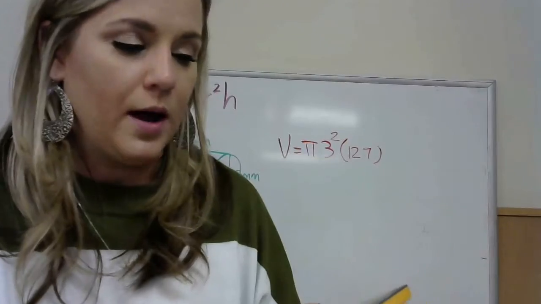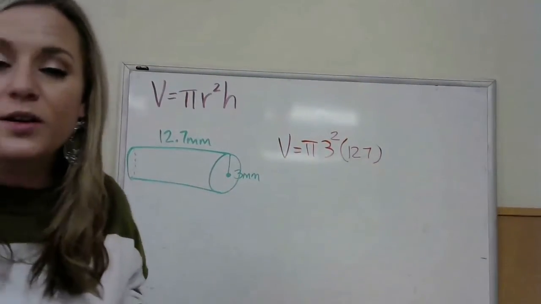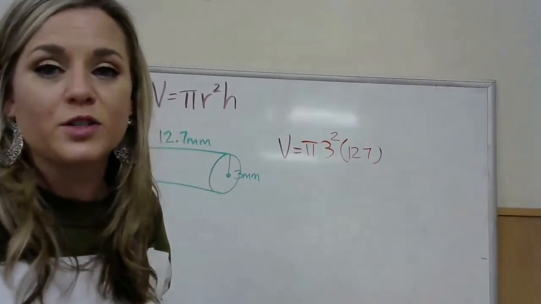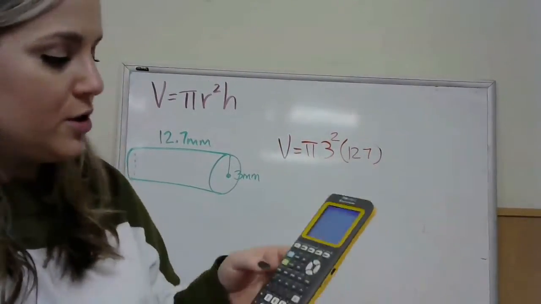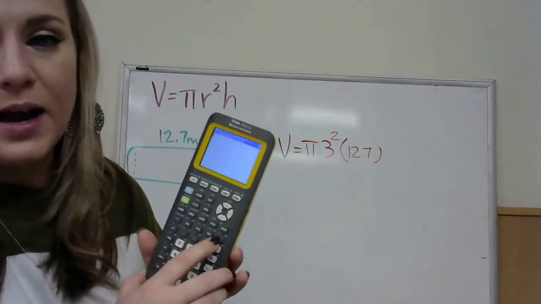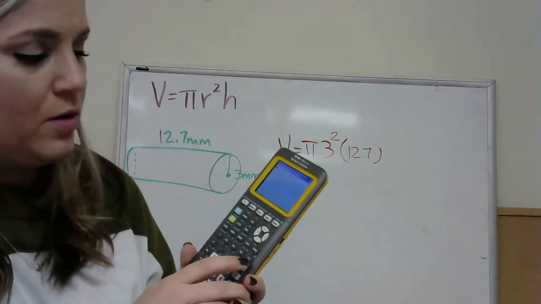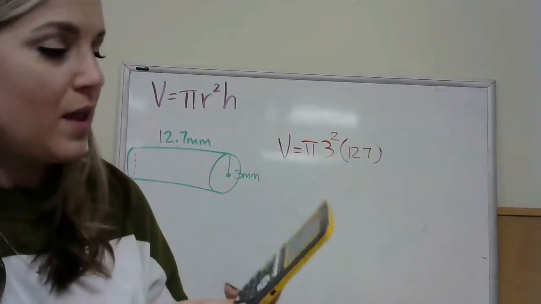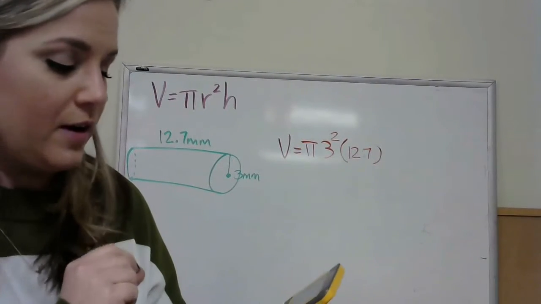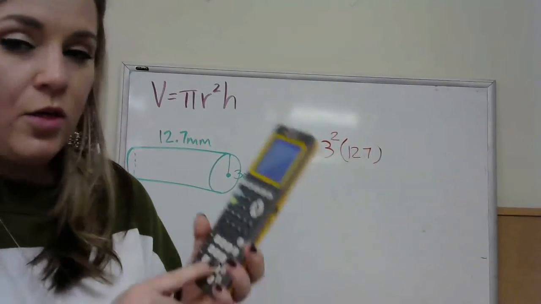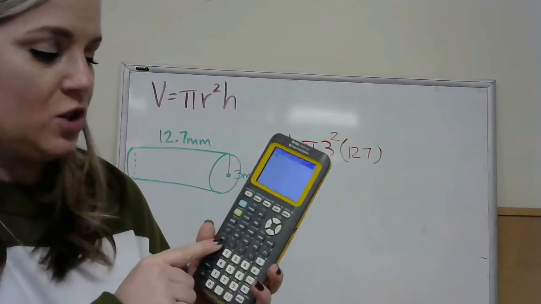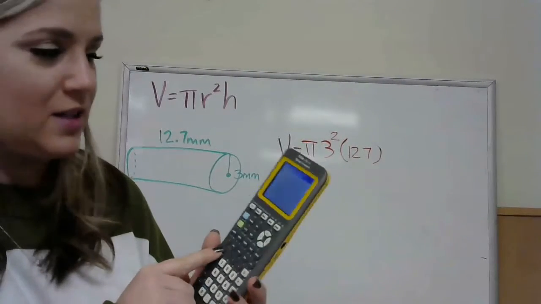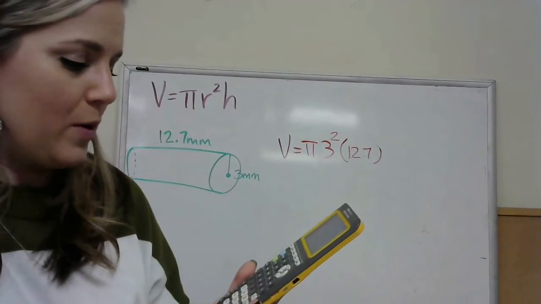If you struggle with the squares, then you probably want to make sure that you put in 3 squared. So again, we're going to do second pi, or second arrow, which is under the clear button. Make sure the pi symbol is on there. It is times 3, and I'm going to square it by this x squared, and then 12.7.